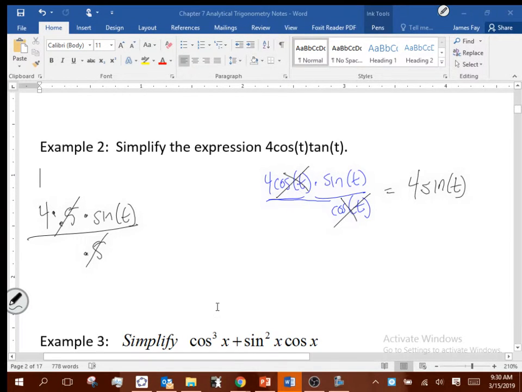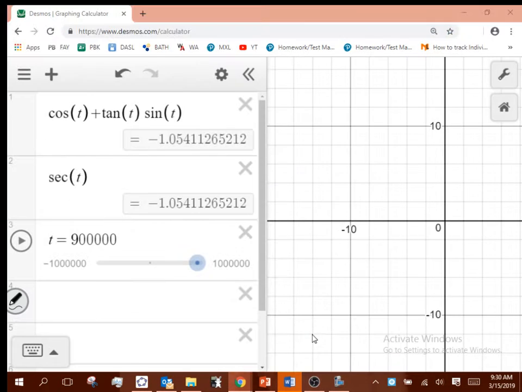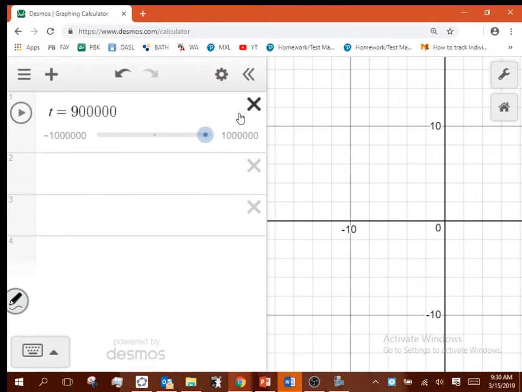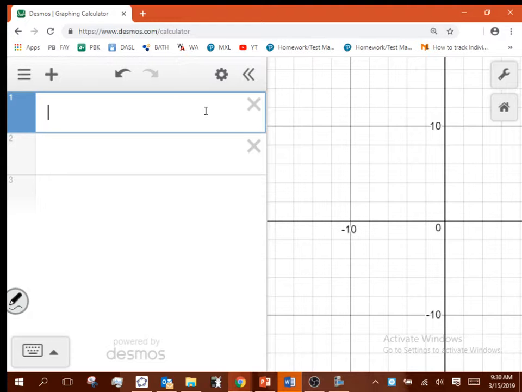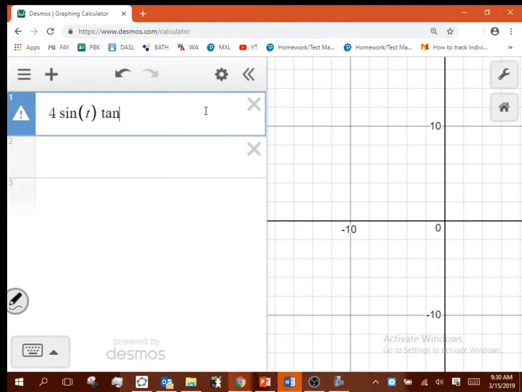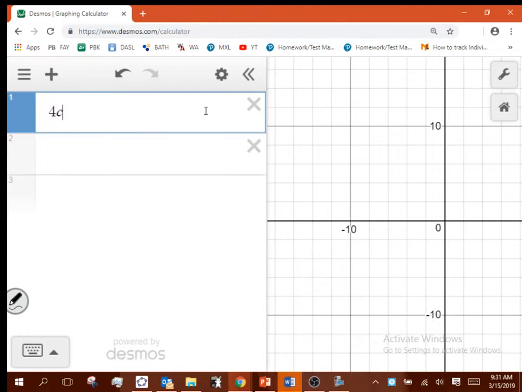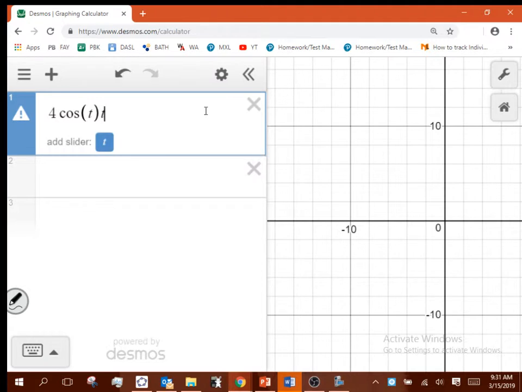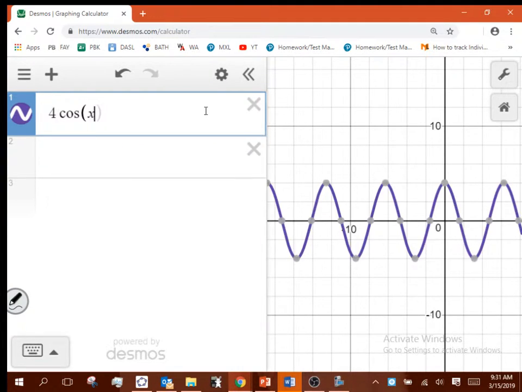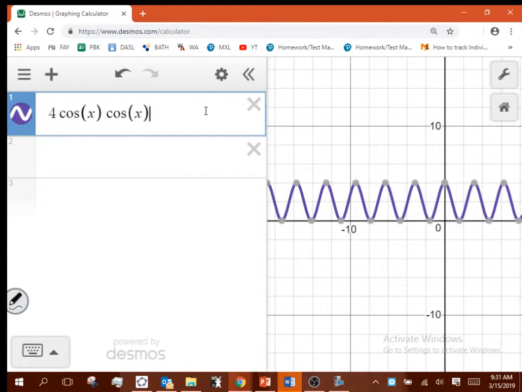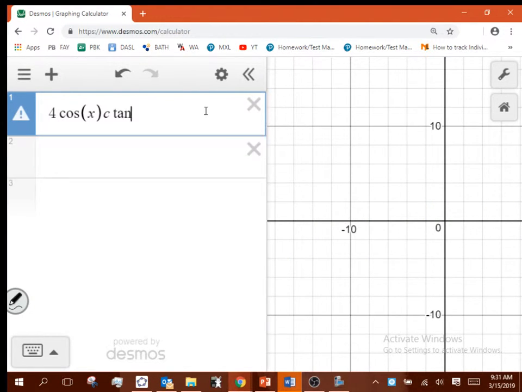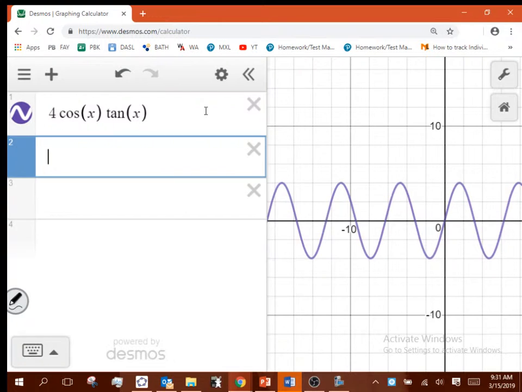Obviously, again, graphing those things is maybe something to do. We're going to look at, well, we had 4 sine of t, tangent of t. Now we had cosine over, 4 cosine t, tangent of t, and that, there we go.